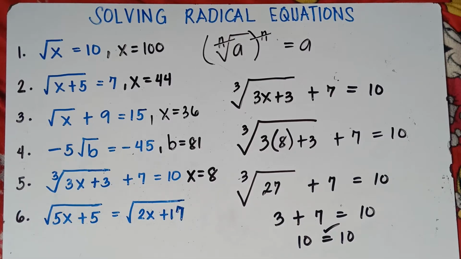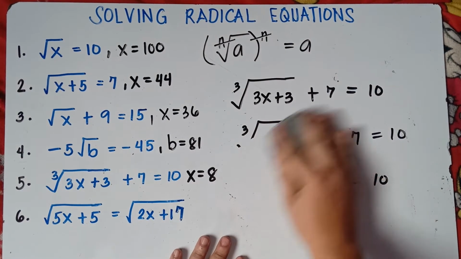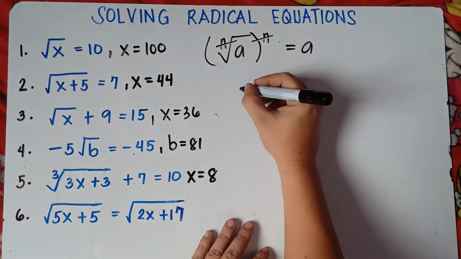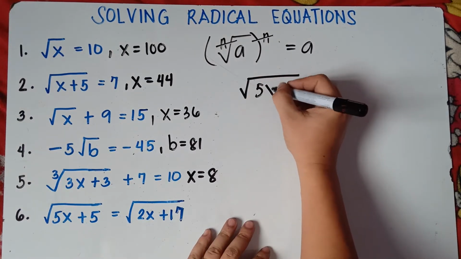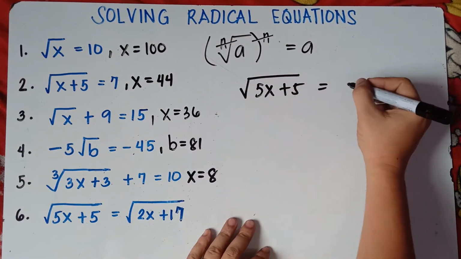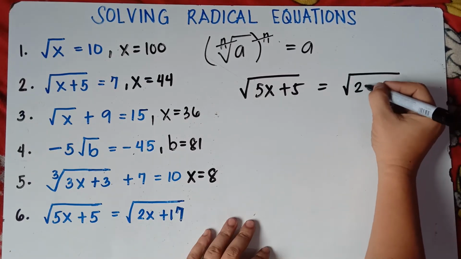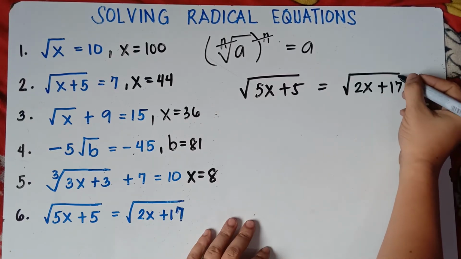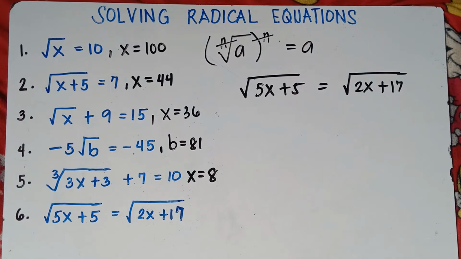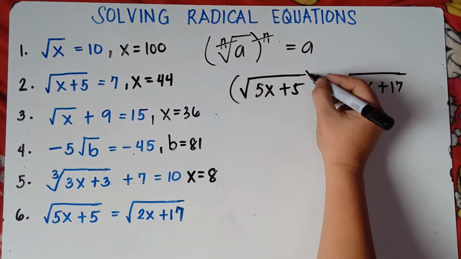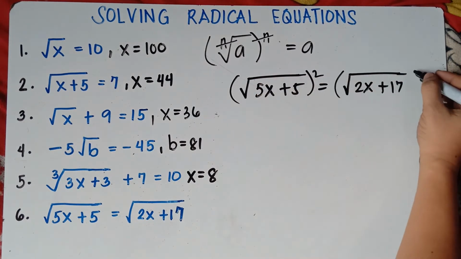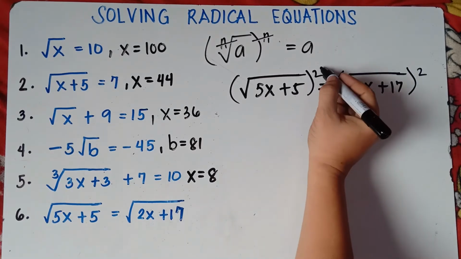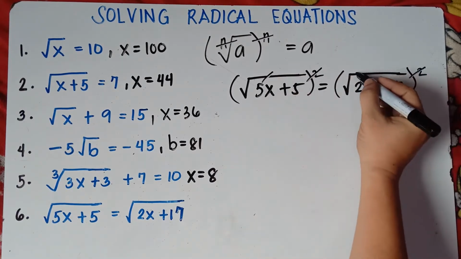Let's try number 6. So we have the square root of 5x plus 5 equals the square root of 2x plus 17. So once again, you square both sides so that you can cancel this out. So we cancel the radical symbol.